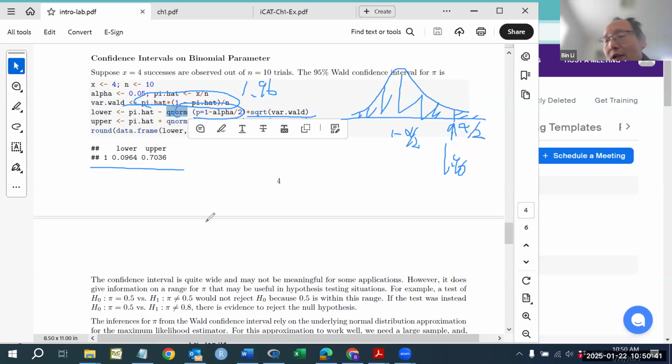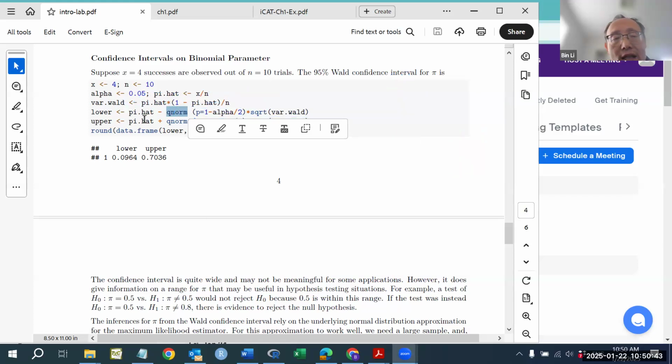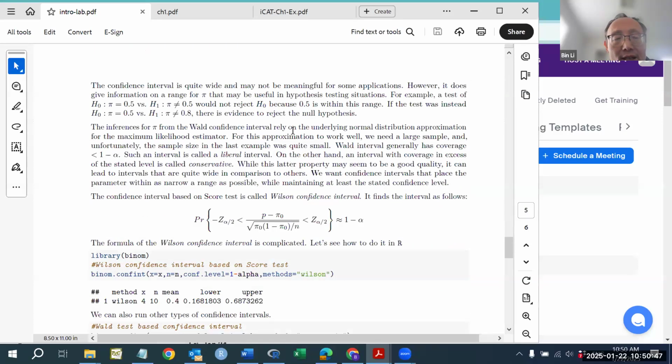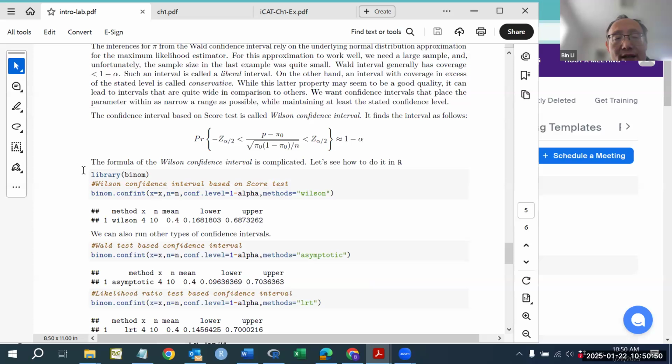There are actually functions available in R. You don't have to do that using this. There's an easy way. The easy way is there's a library called binom. This is a package for statistical inference for binomial related data.